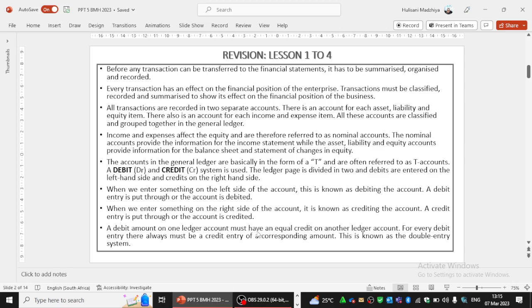And once they are totaled off, all their totals and balances will therefore be transferred to what we call the trial balance. And from the trial balance, we use those to prepare our statement of financial position, as well as our statement of comprehensive income or financial performance. Another terminology is income statement.